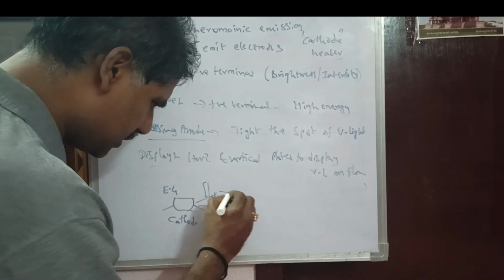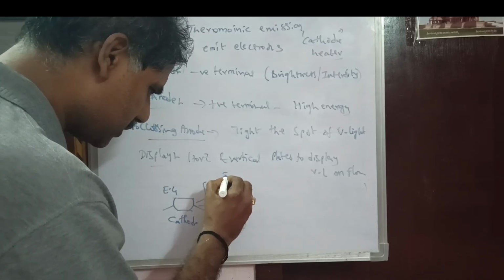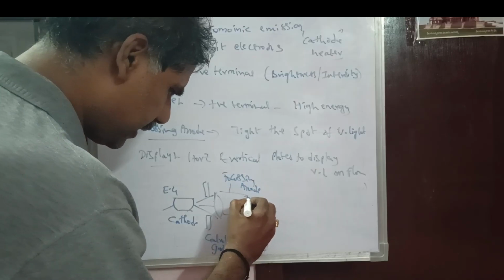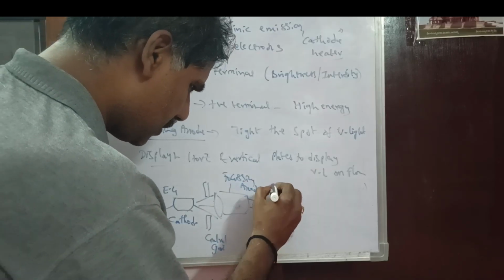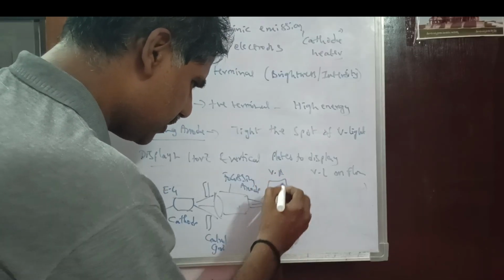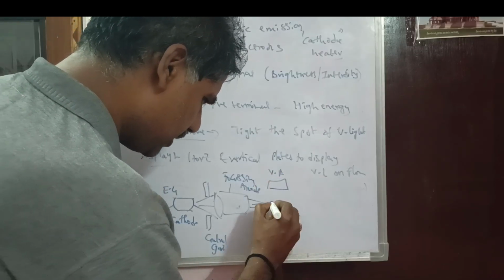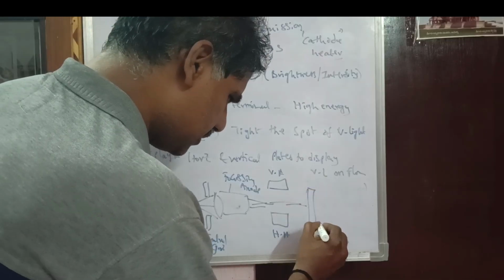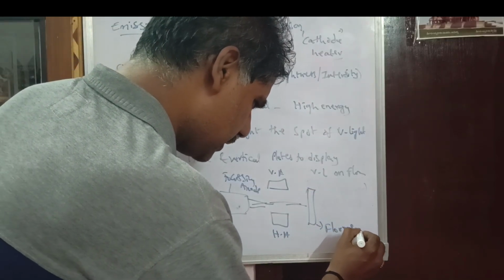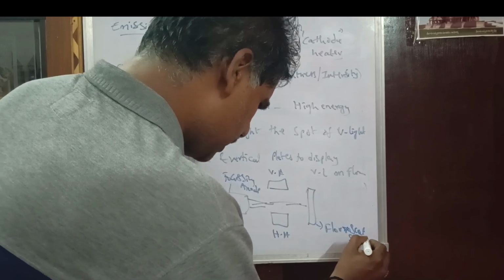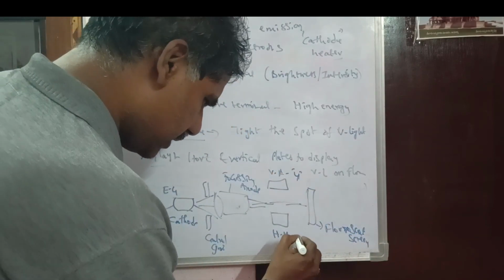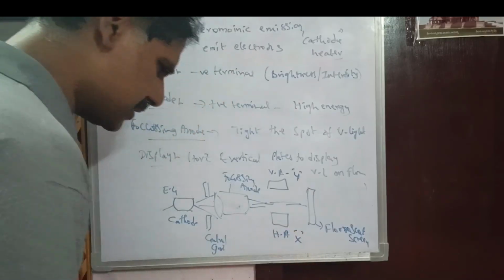The light ray again passes to the focusing anode, then through the plates, that is the vertical amplifier and the horizontal amplifier. Later the light ray is focused on the fluorescent screen. The vertical amplifier is the y axis, whereas the horizontal amplifier is the x axis.